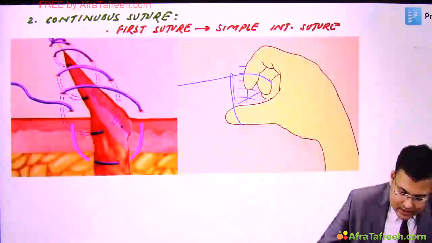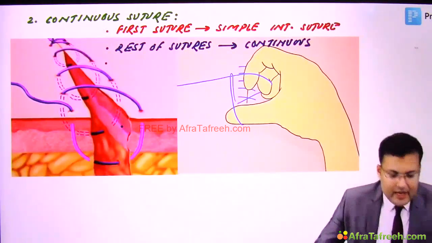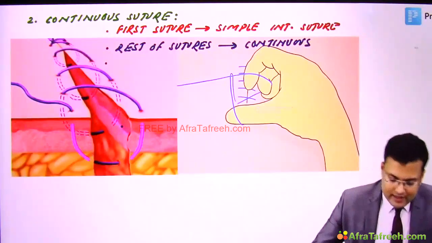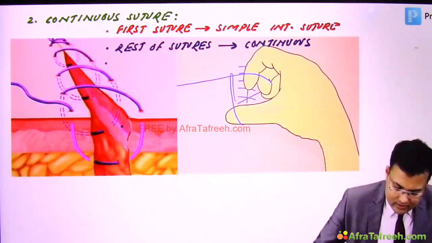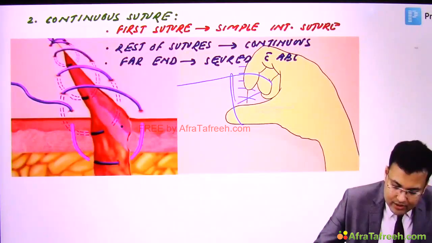And the rest of the sutures are taken continuously until the far end is reached. Clear? And the far end is secured with Aberdeen knot.